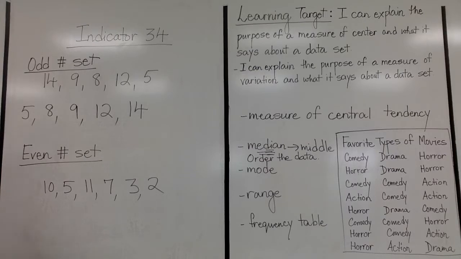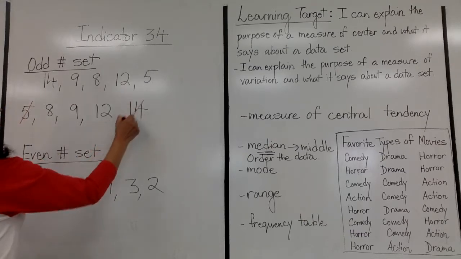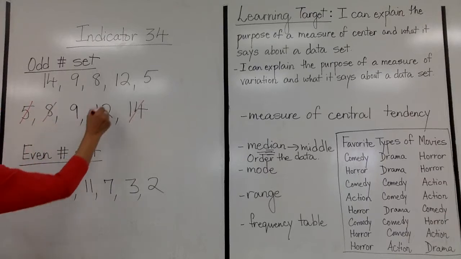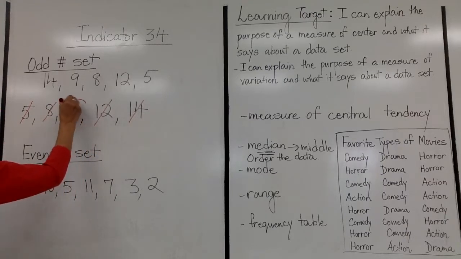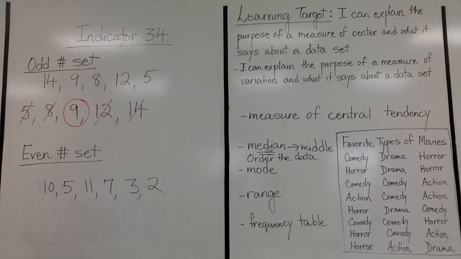Once you have done this, you are going to start marking off from both extremes until you reach the middle. So I take off one here, I take off one here, take off another one here, take off another one here. So now look, my median, or the middle number, is 9. Now, I want to talk to you about why I've written odd number set or even number set.